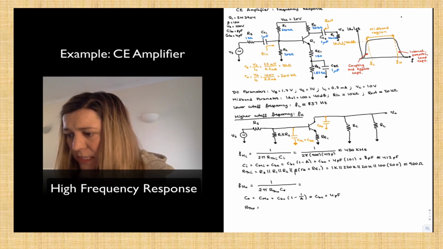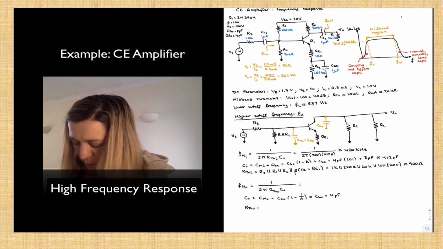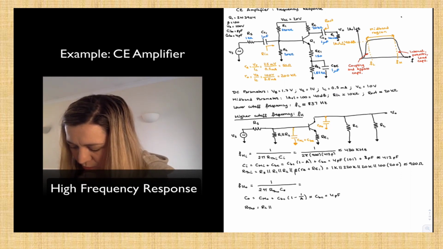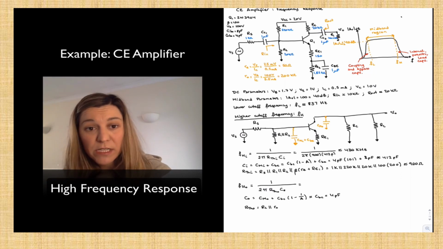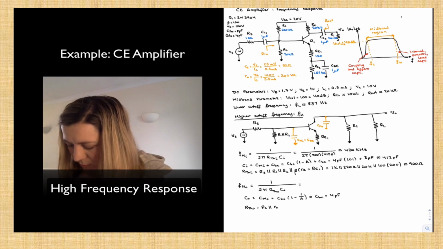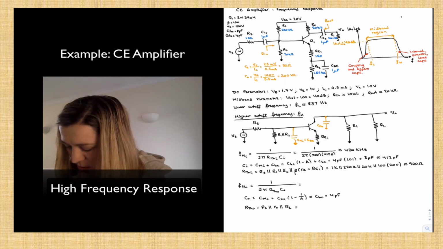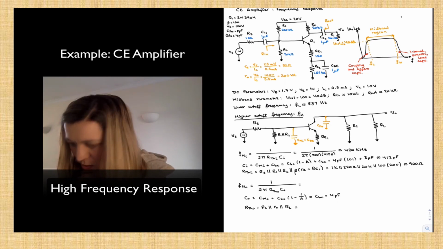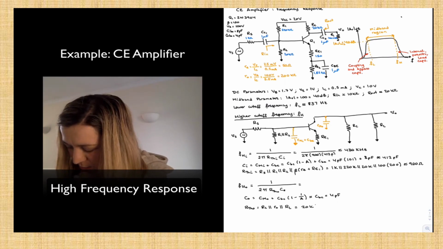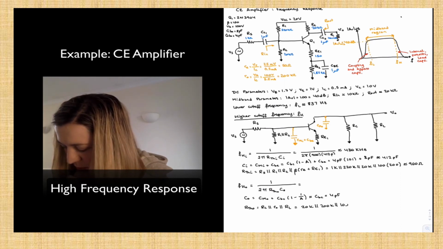And the Thevenin resistance connected to the output is going to be RC in parallel with little ro, the output resistance of the amplifier, in parallel with the load resistor in this case. So RC was 20K, in parallel with 200K, in parallel with 100 meg.